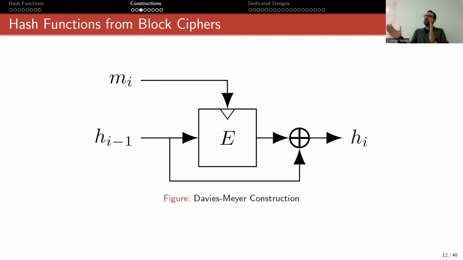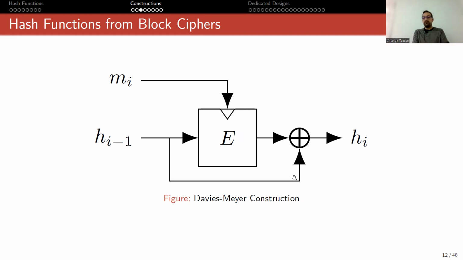So I divide it into blocks. Each message block is fed into this encryption algorithm. Also a chaining value, initially an IV, for instance, is fed here. So I perform the encryption. I use the message block as the secret key, and I encrypt this IV. But at the end, I take it and XOR it and produce the next chaining value.